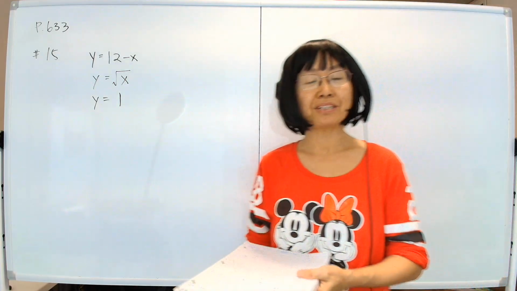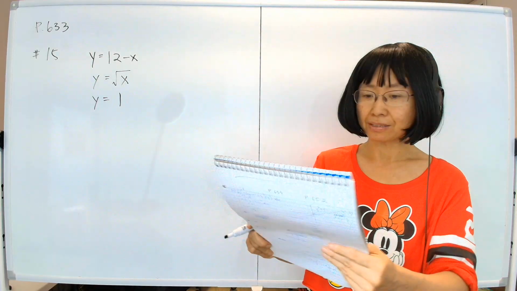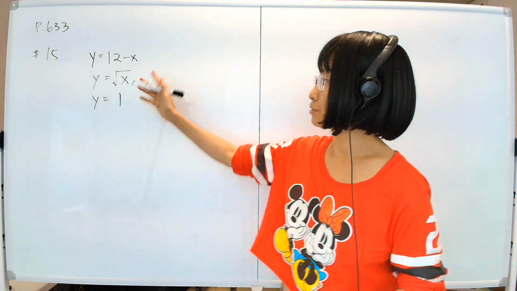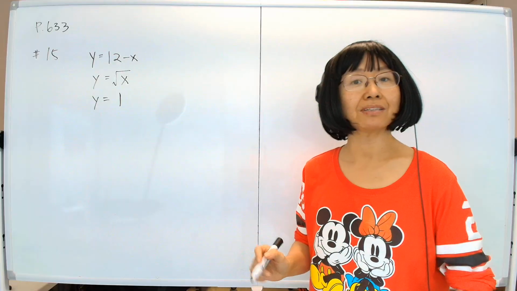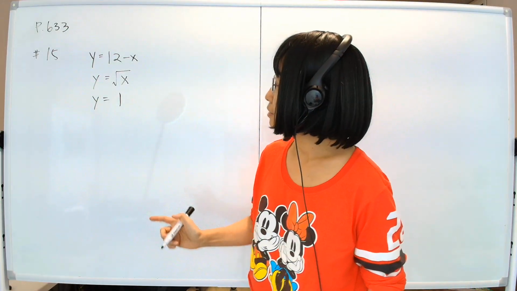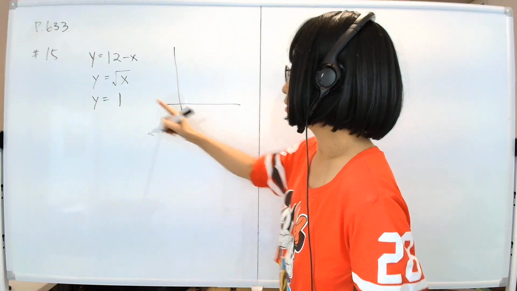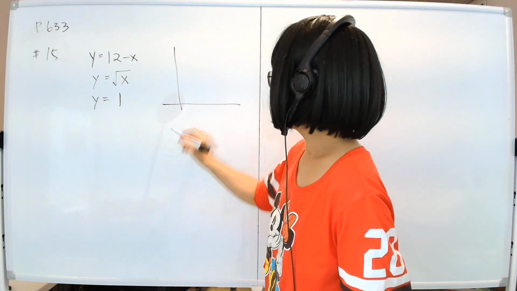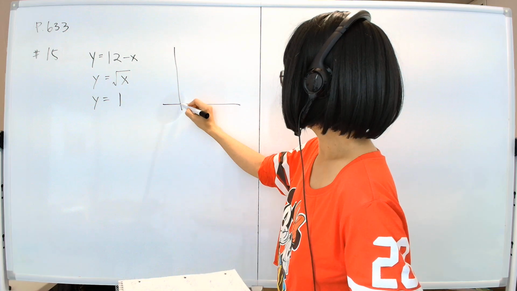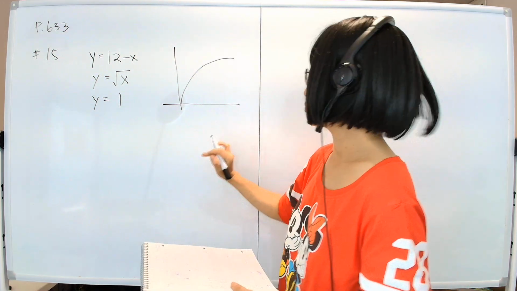Now that you are done with your homework, let's look at some of them. Number 15. There are 3 lines, and we are trying to figure out the area that's bounded by all 3. So the first line is y equal to 12 minus x. The second line is square root of x. The square root of x is the inverse function of y equal to x squared.